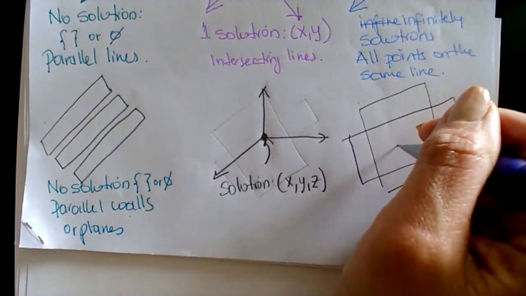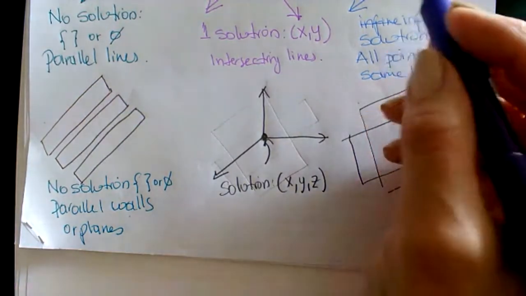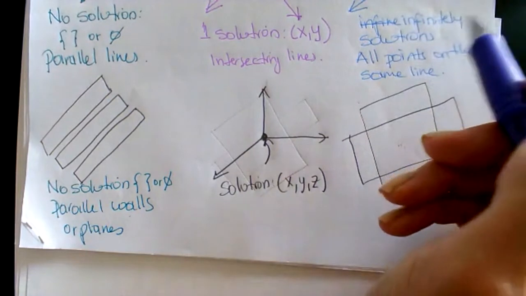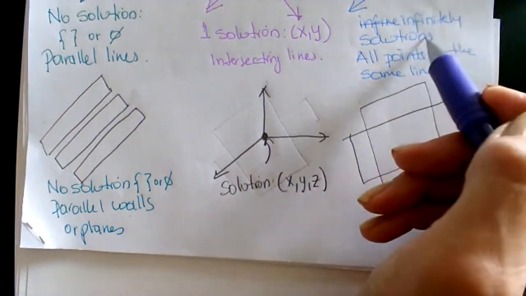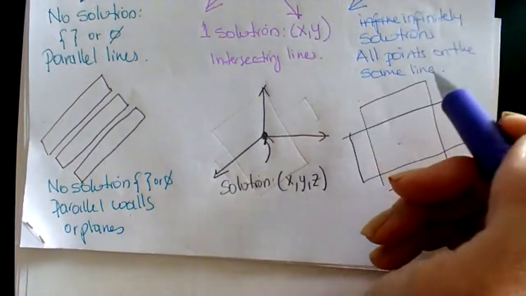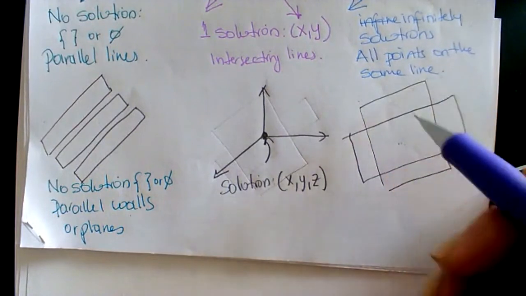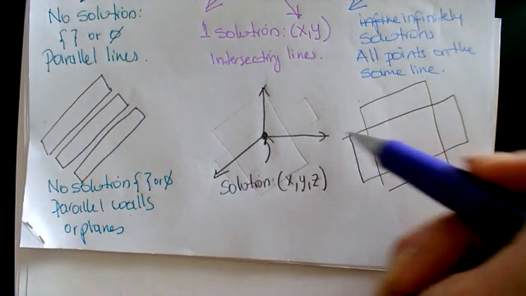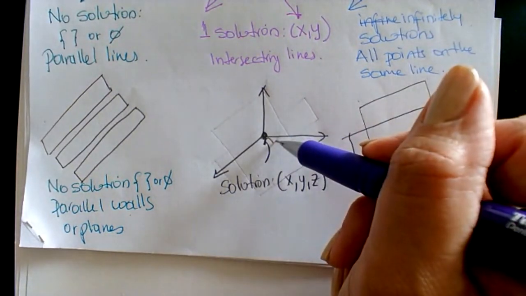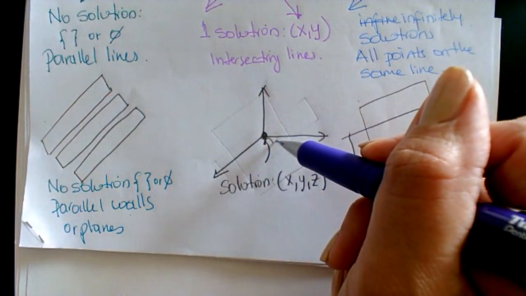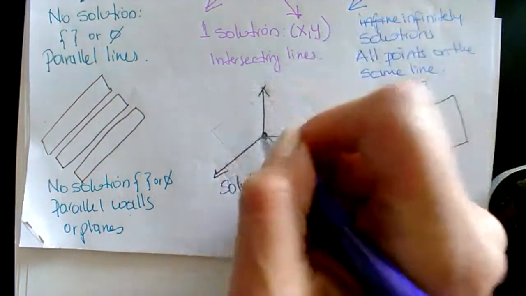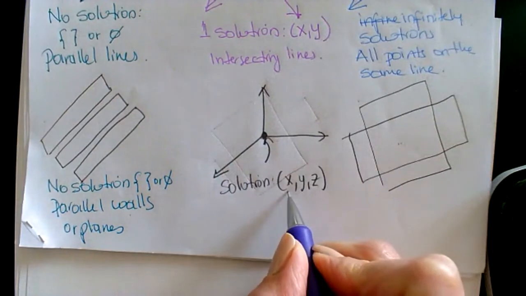And a straight line, we know, has infinitely many solutions, all points on the same line. And this one is intersecting planes at a single point, like the corner of the room again. And this one, we're going to have just one solution.